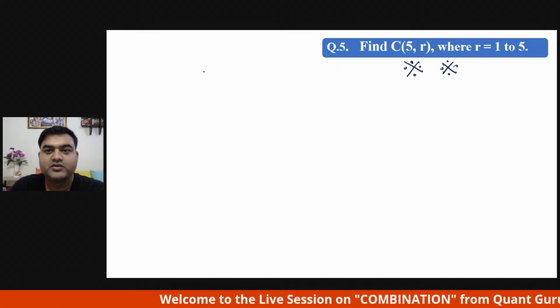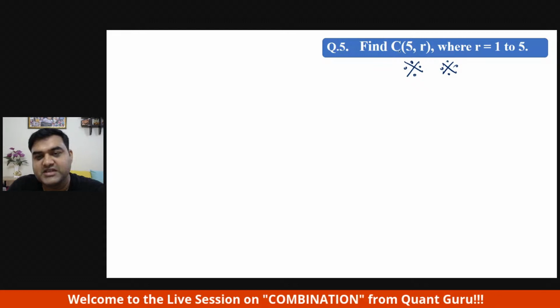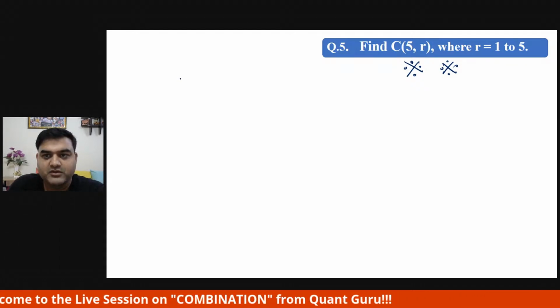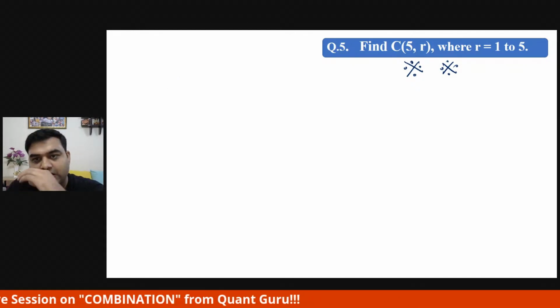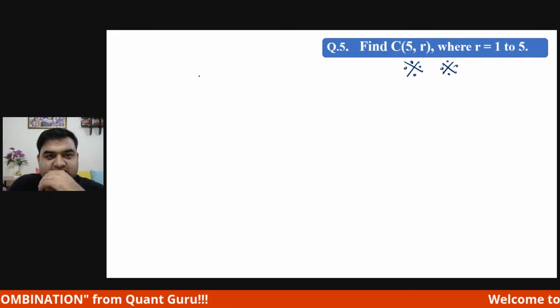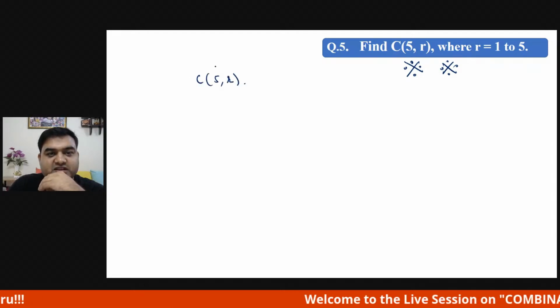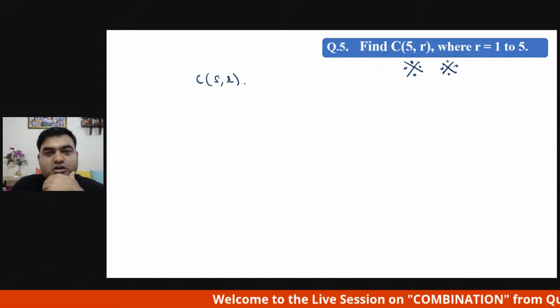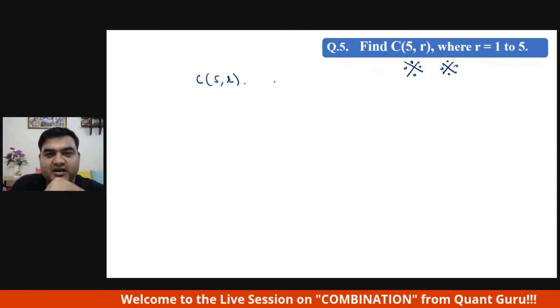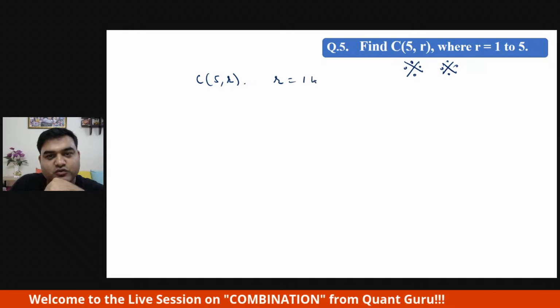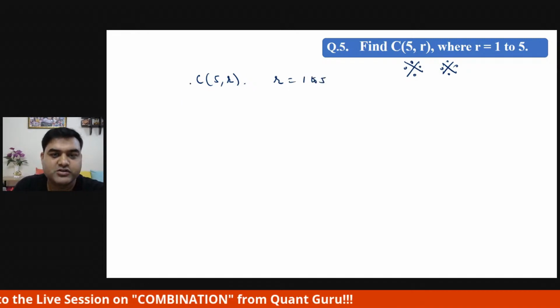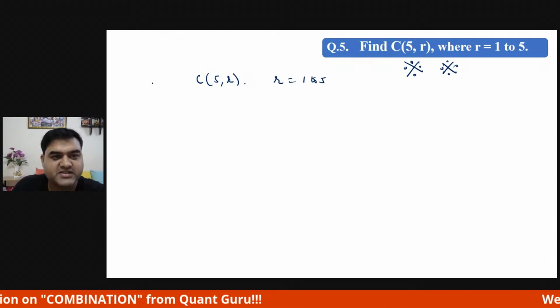Look at this. They have given: find the value of C 5R, meaning the N value is 5 and the R value we do not know, where R ranges between 1 to 5. In one question paper this has come like this.